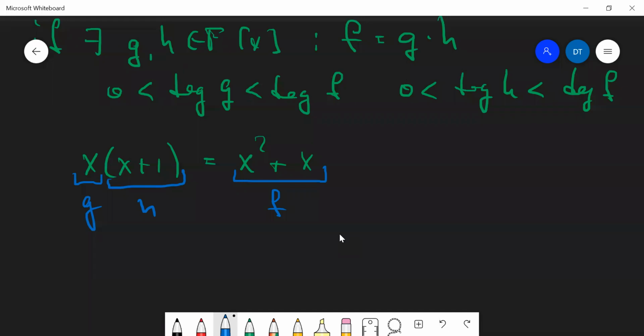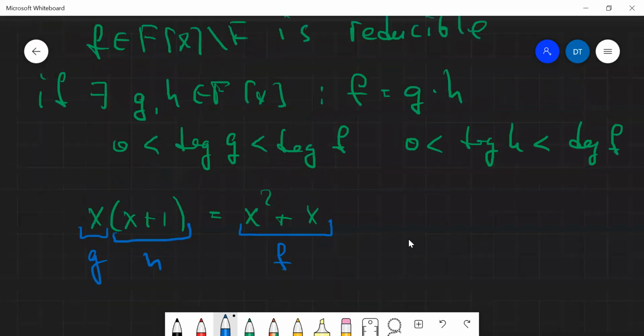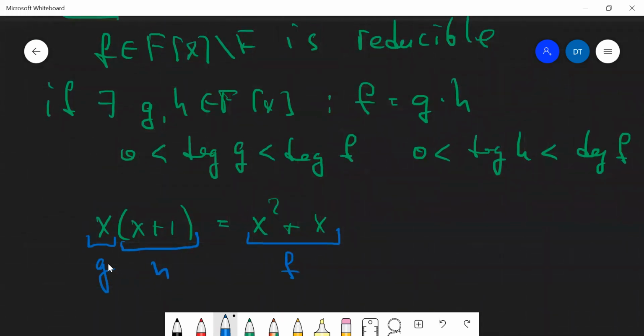Well, this inequality simply means that neither g nor h is a constant. So both of them must be polynomials. So in this case, we say that f is reducible, and this simply means that you can factorize f as a product of two other non-constant polynomials.